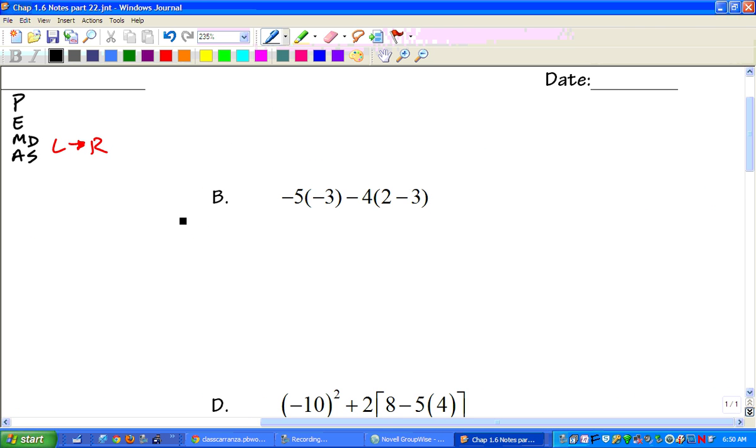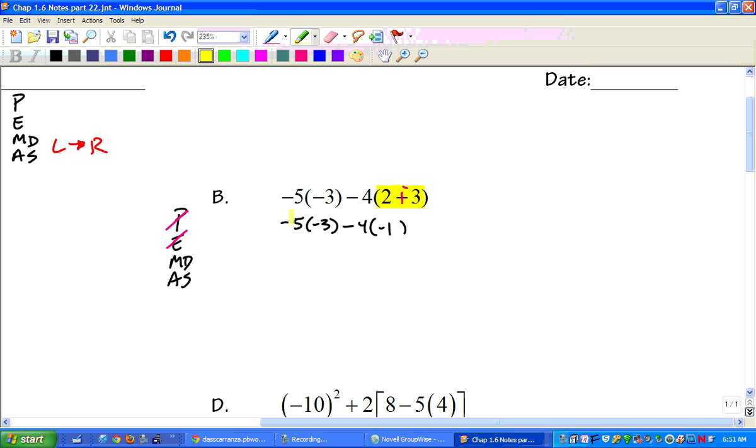All right, let's move on over. Parentheses, exponents, multiplication, division, addition, and subtraction. So, parentheses: inside the parentheses right there, let's do our click, click. That stays the same, and you get negative 1.